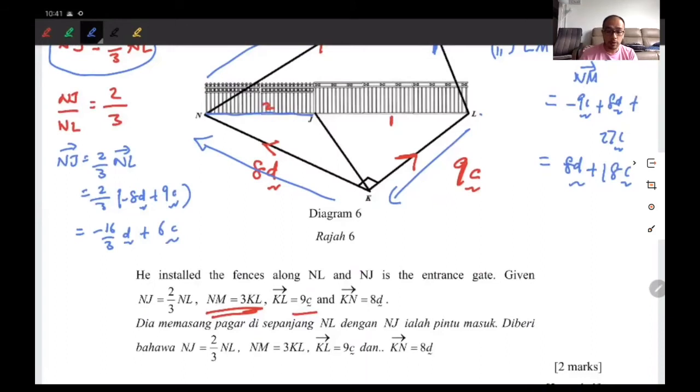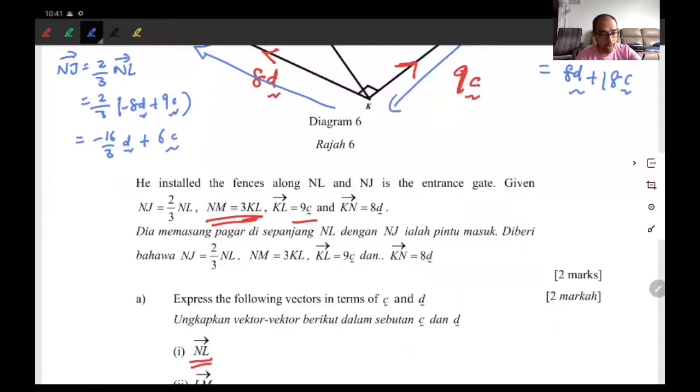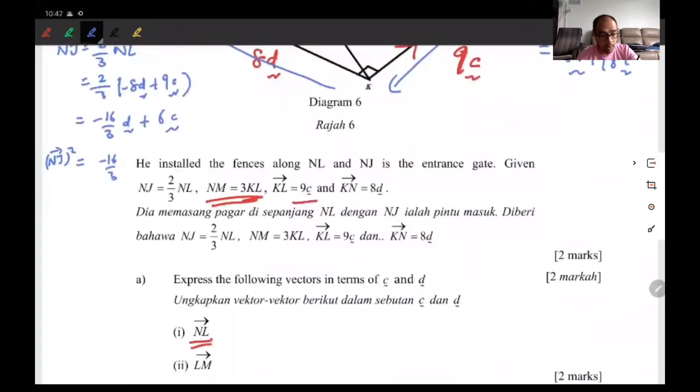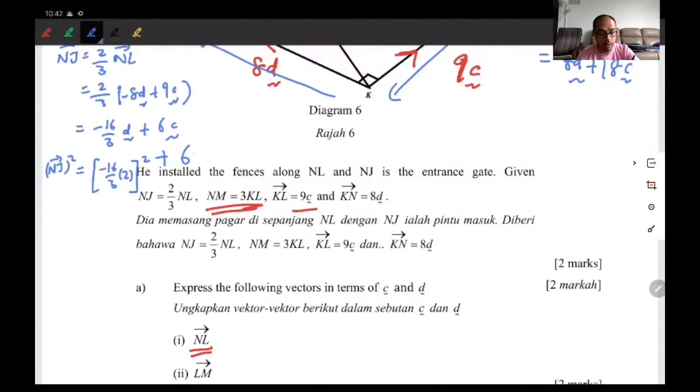To find the magnitude of NJ, I substitute the magnitudes of D and C and use Pythagoras' theorem. So NJ squared equals negative 16 over 3 times 2, squared, plus 6 times 3, squared.